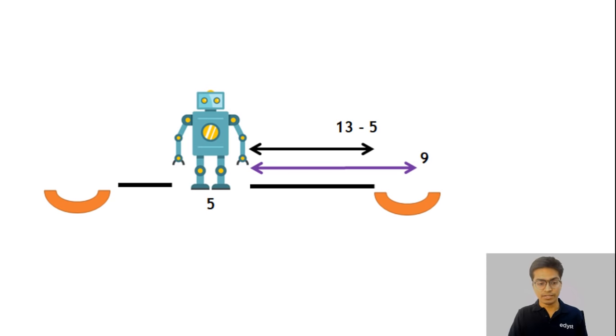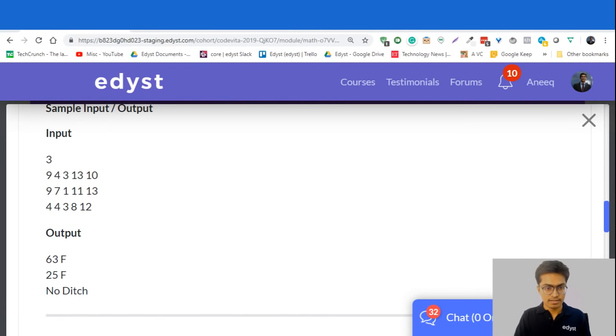If you go back to the question, it says every meter takes about 3 seconds for the robot to travel. Let me just quickly go over to the question here. If you look at the first test case, 9, 4, 3, 13, 10, 3 seconds is what it takes to travel 1 meter.